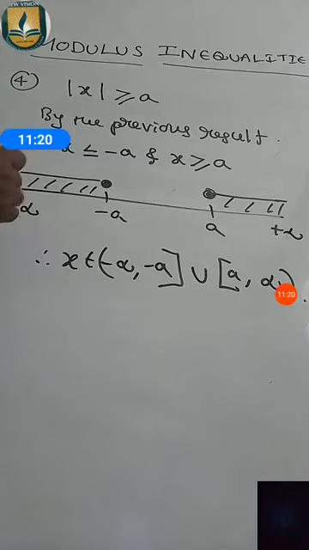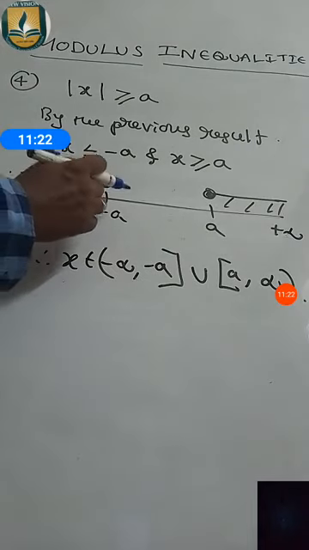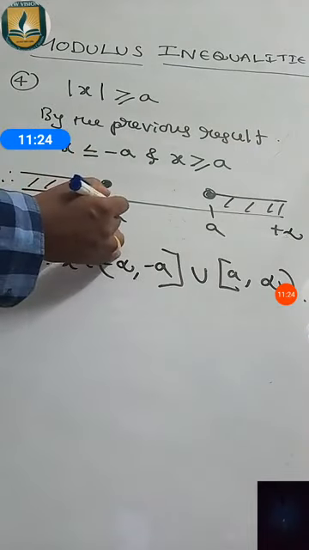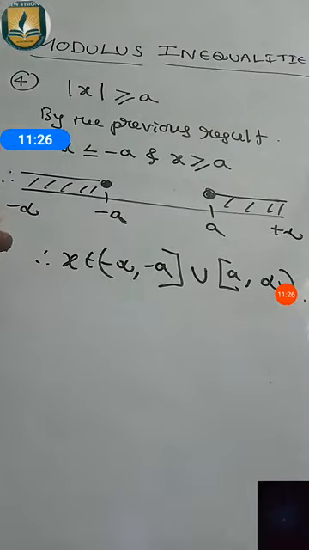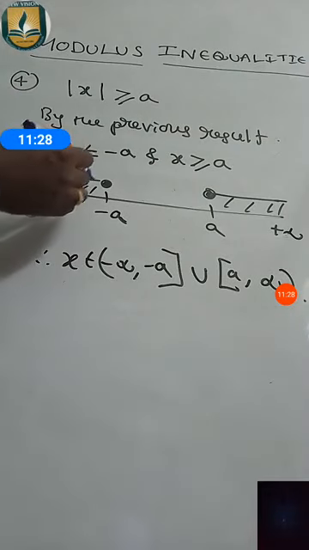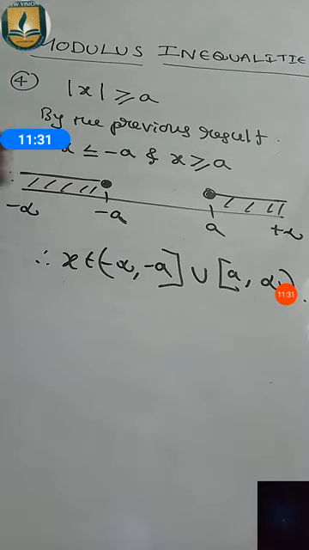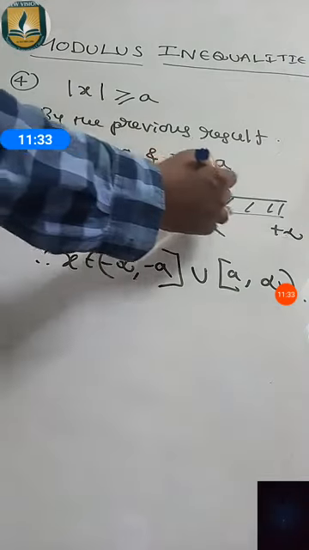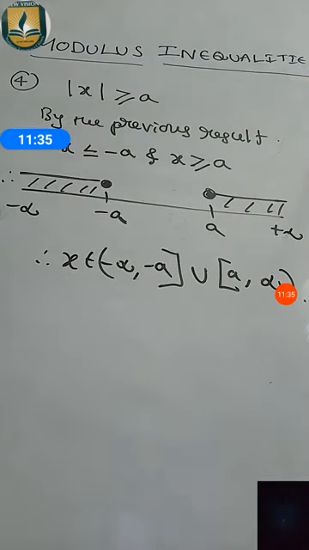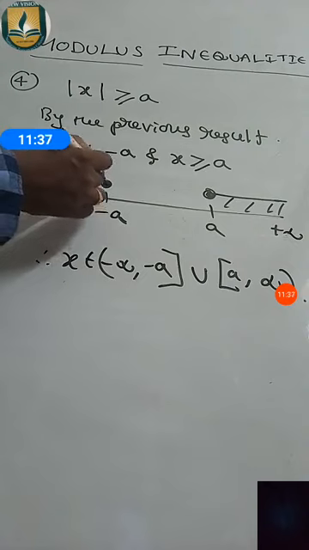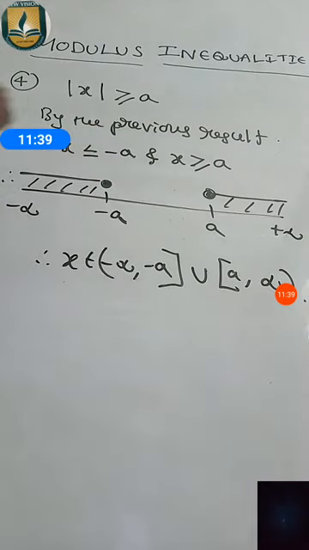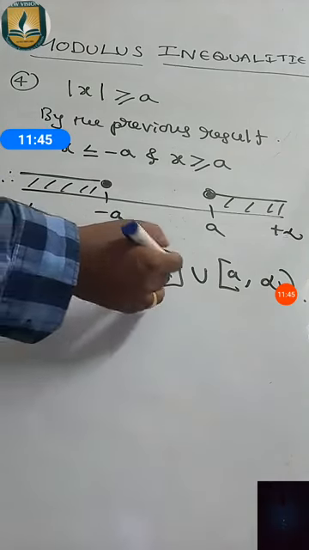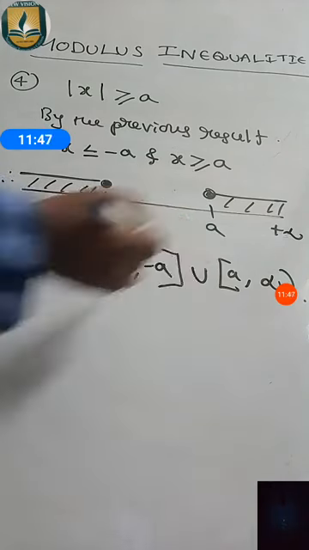On the real number line, from minus infinity to plus infinity, minus a is here and plus a is here. x less than or equal to minus a means this part, and x greater than or equal to a means that part. The circles are shaded, completed, which means they are included. Therefore, in interval form, x belongs to minus infinity to minus a union a to plus infinity.